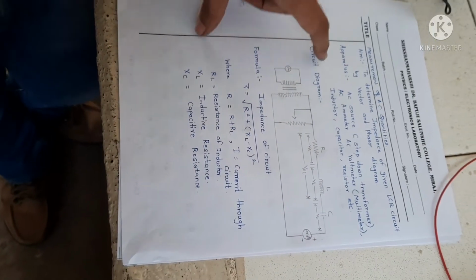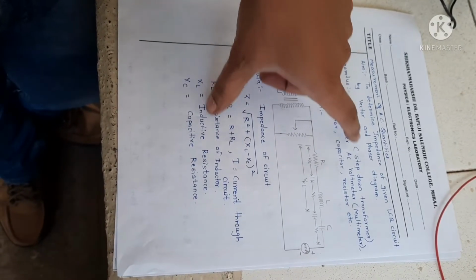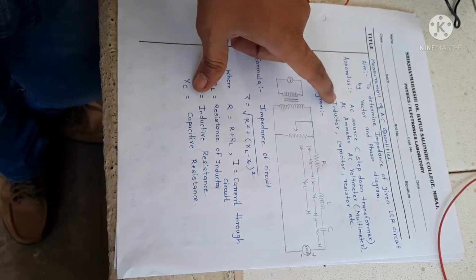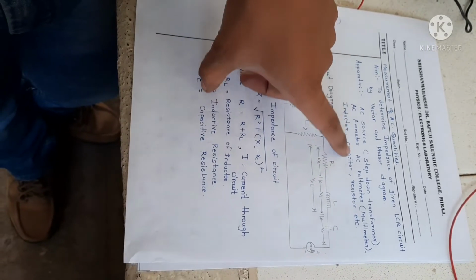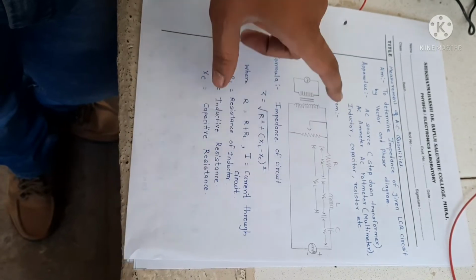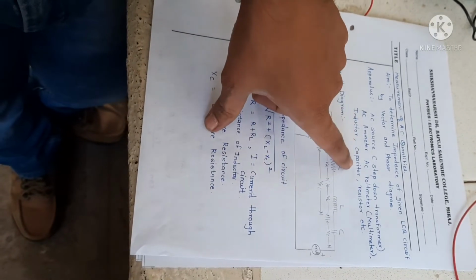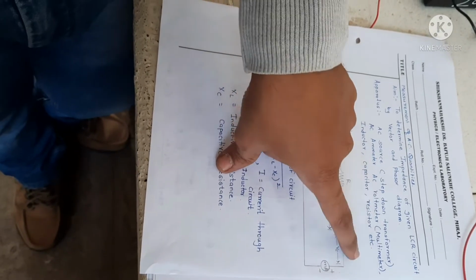The apparatus required is an AC source, that is a step down transformer, an AC ammeter, an AC voltmeter, or you can use a multimeter instead of a voltmeter, then an inductor, a capacitor and a resistor.